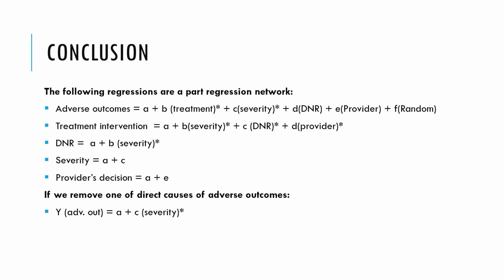And lastly, if we remove one of the direct causes of adverse outcomes, we only have severity. So there was backdoor blocking. This was the only other statistically significant variable in the network. Our regression equation is adverse outcomes equals A plus C, the coefficient for severity, times the presence of severity.